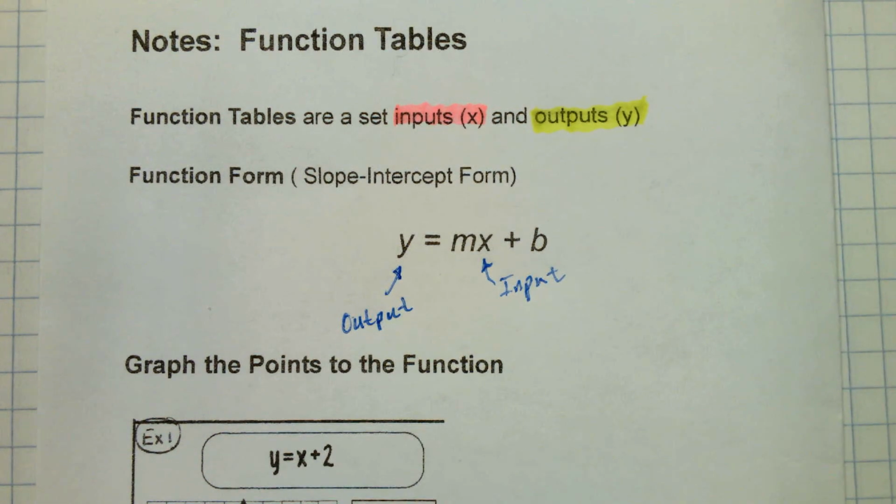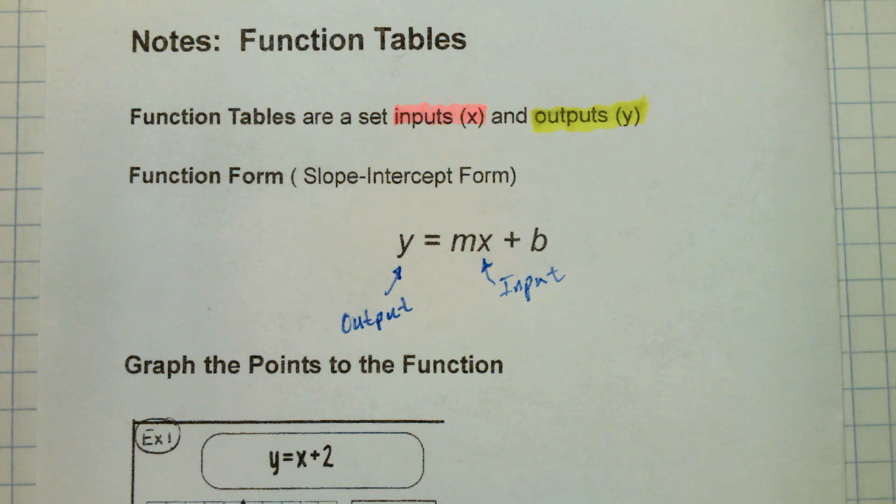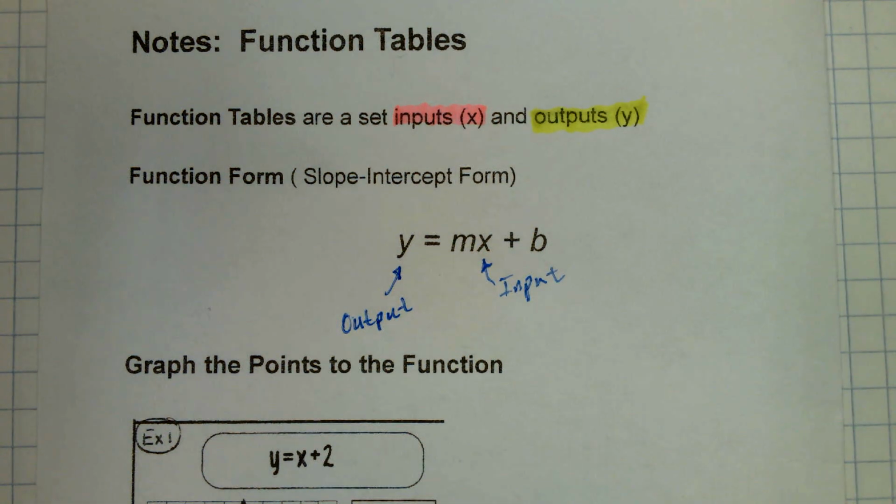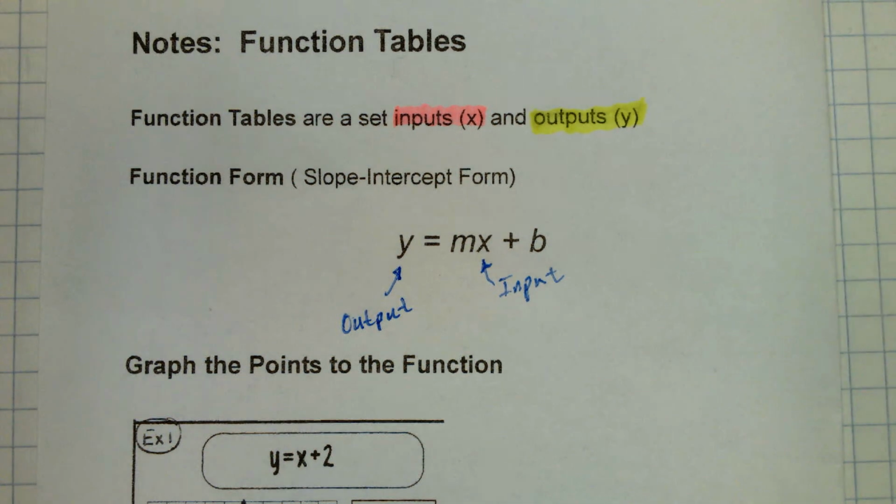And so this is called a function. A function works kind of like using a vending machine. A function works something like a vending machine in that you give it an input, your cash.